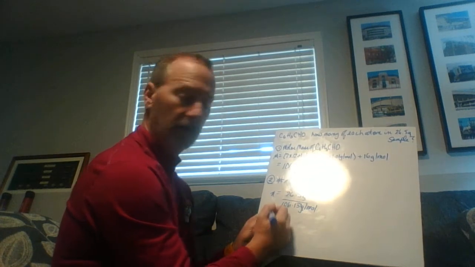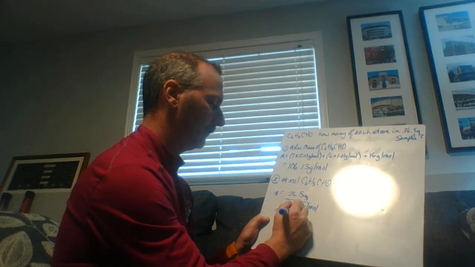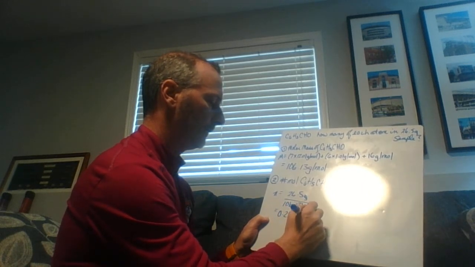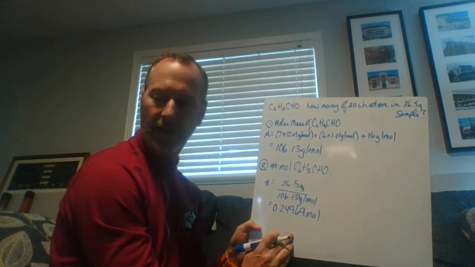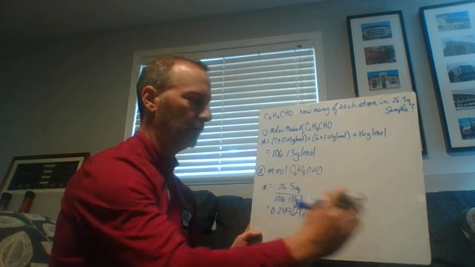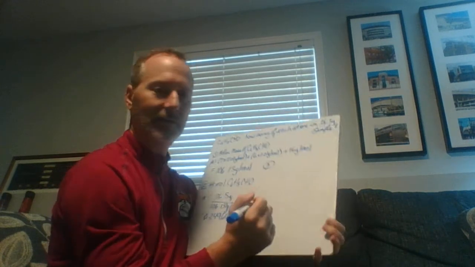Grams cancel. That is going to give me 0.24969. Again, we're going to carry those digits because we're in the middle of the calculation. We don't want to round here, we want to round afterwards.